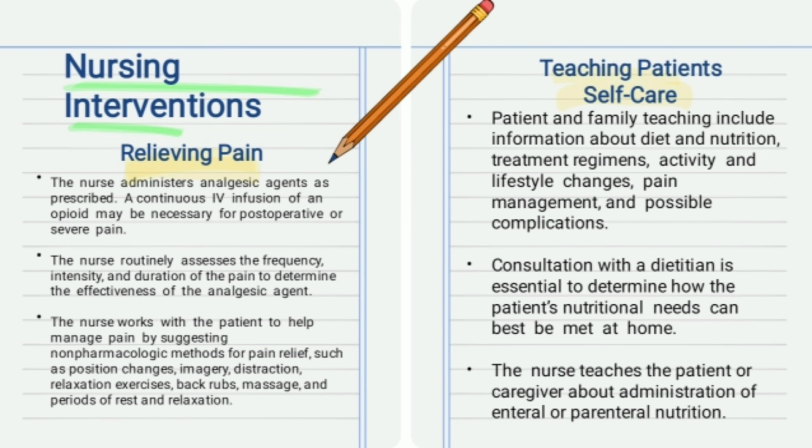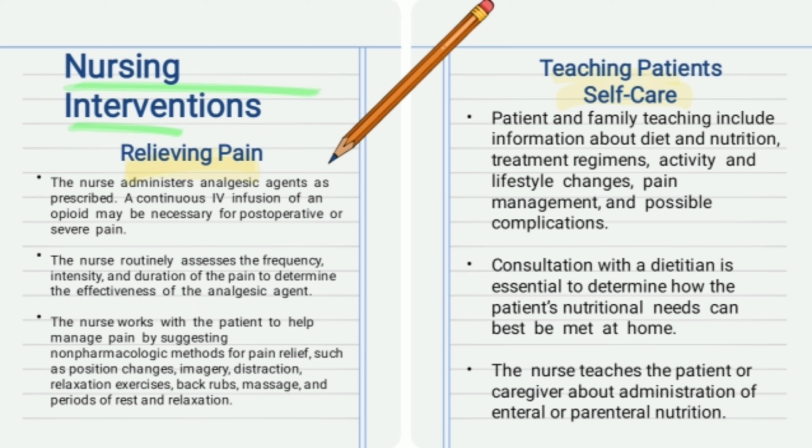In relieving pain, the nurse administers analgesic agents as prescribed. A continuous IV infusion of an opioid may be necessary for post-operative or severe pain. The nurse routinely assesses the frequency, the intensity, and duration of pain to determine the effectiveness of the analgesic agent.